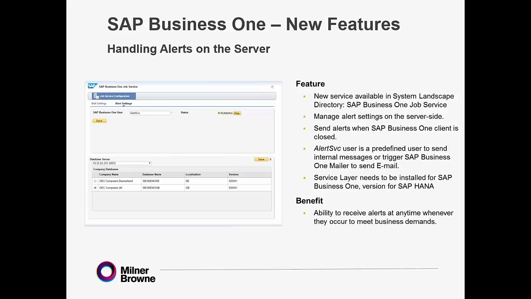That's something that sits in the background running on the server, and that will manage the alerts and ensure that those alerts get sent out regardless of whether somebody's logged into Business One. So it means now that there's no need to miss any of those important alerts, whatever time of day or night you've set them up to occur on.